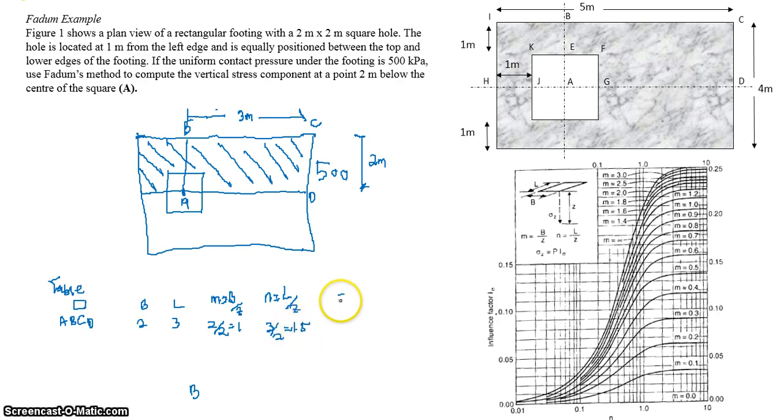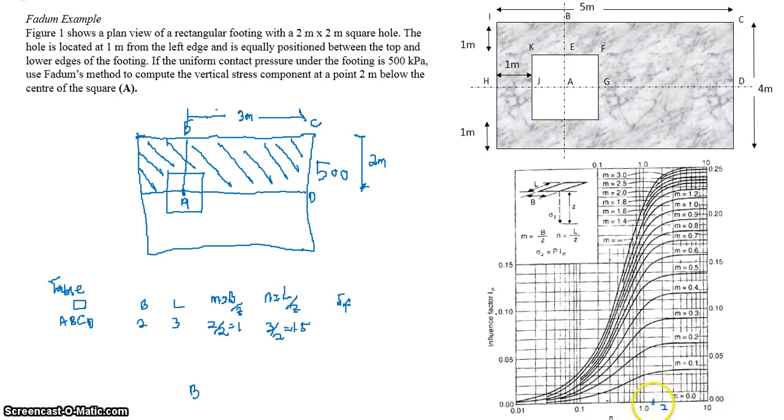So what is the influence factor? You read it from the Fadum graph. n is 1.5, so 1, this is 2, so 1.5 is around here. Bear in mind that the x axis of the Fadum graph is a log scale. So 1, 2, 3, 4, 5, 6 until 10.